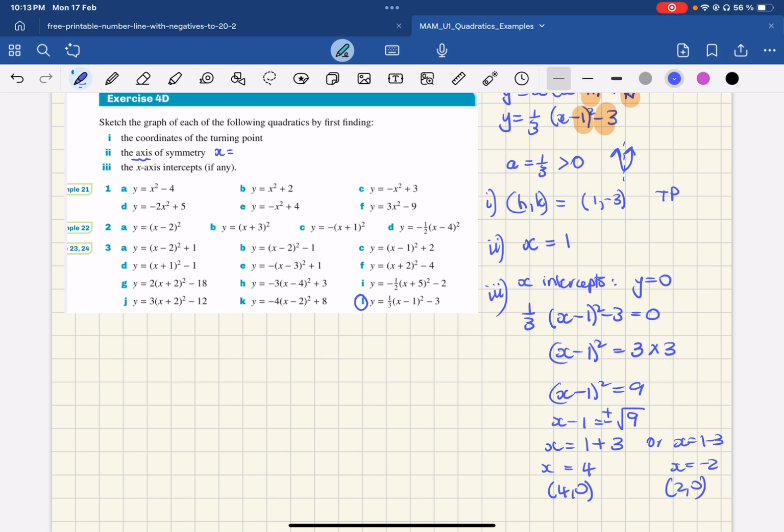It says sketch the graph by finding this. So I can sketch the graph. The x-intercepts are −2 and 4.